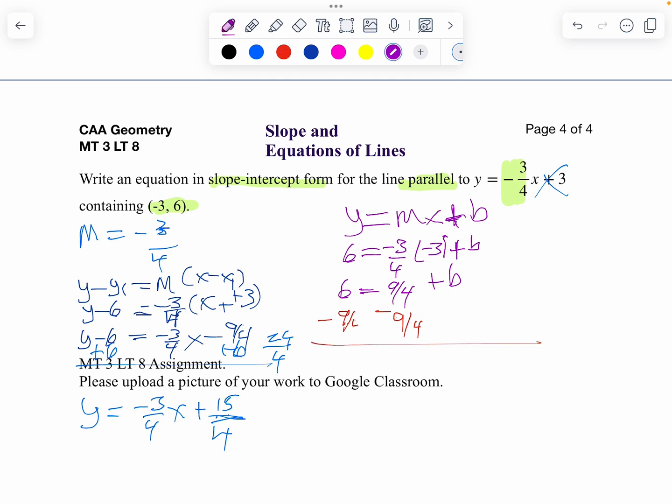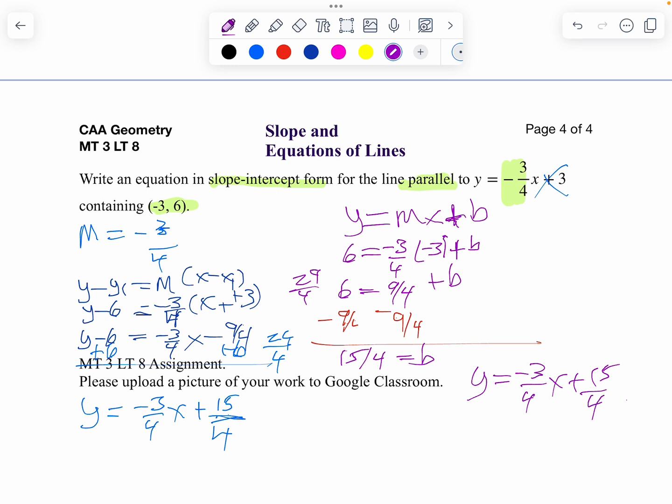Remembering that 6 is actually 24/4, so you get 15/4. And that equals b. Then I can just write my equation. y equals negative 3/4 x plus 15/4.